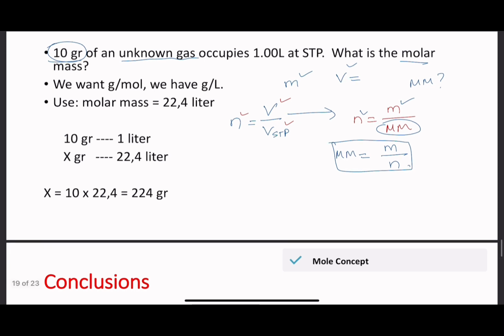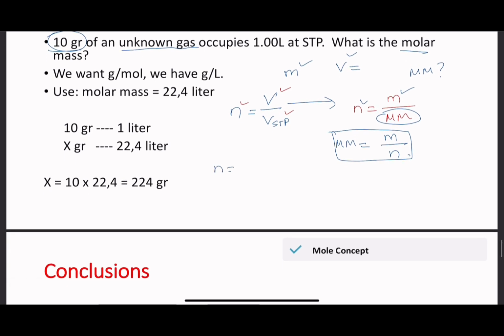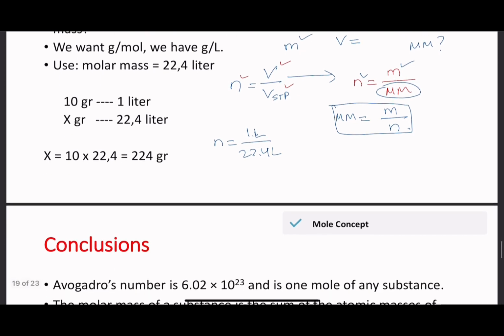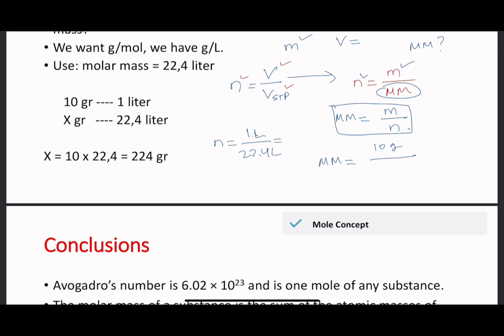And in the beginning, we have this one. N equals 1 liter divided by 22.4 liters. This is your N. And then we're going to just use M. M is given like this, 10 gram, divided by N, which is in mole, right?